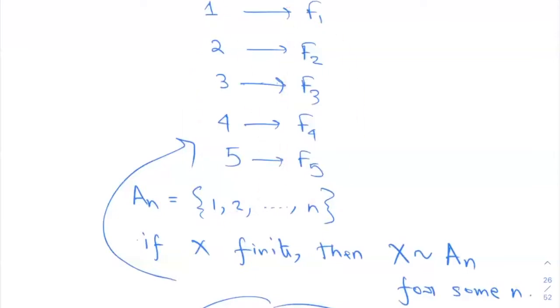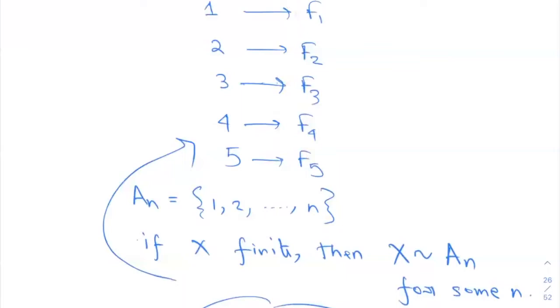So counting basically means finding a bijection from some subset of the set of natural numbers to the set where you are trying to count. This is how counting in a finite set will happen.